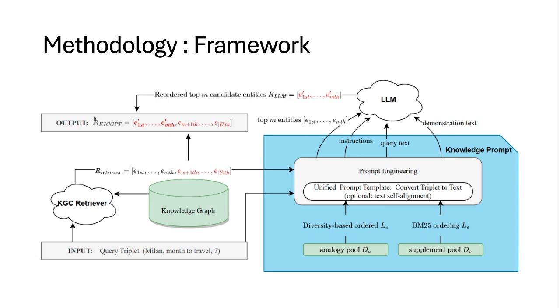After that, the main output of KICGPT will be a more comprehensive, combined output from the LLM retriever and the KGC retriever. This is comprehensive because the candidate list benefits from both the structured retriever and the LLM-based contextual retriever.